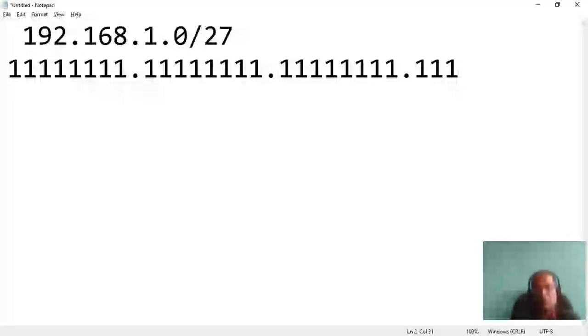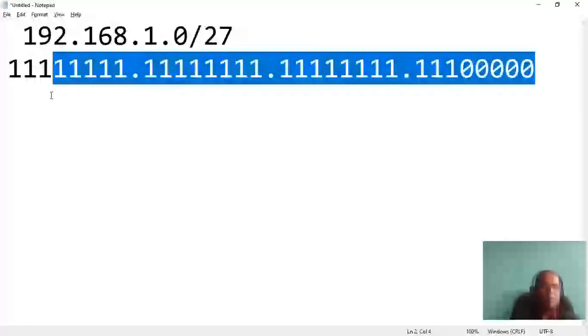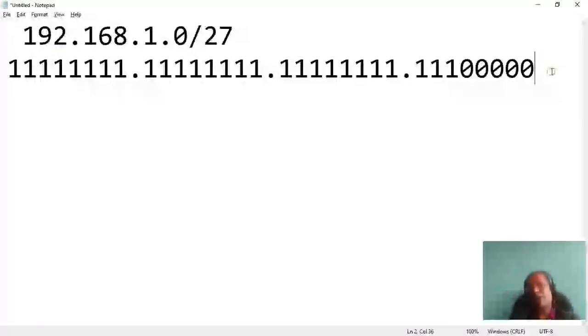So 27 ones are already there. Now the remaining will be zeros: 1, 2, 3, 4, 5, five zeros. So in total we have the 32-bit number as our subnet mask for the given CIDR.